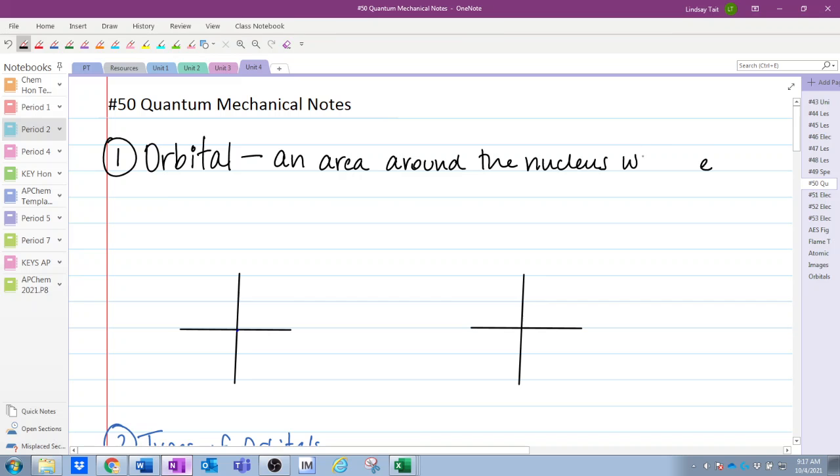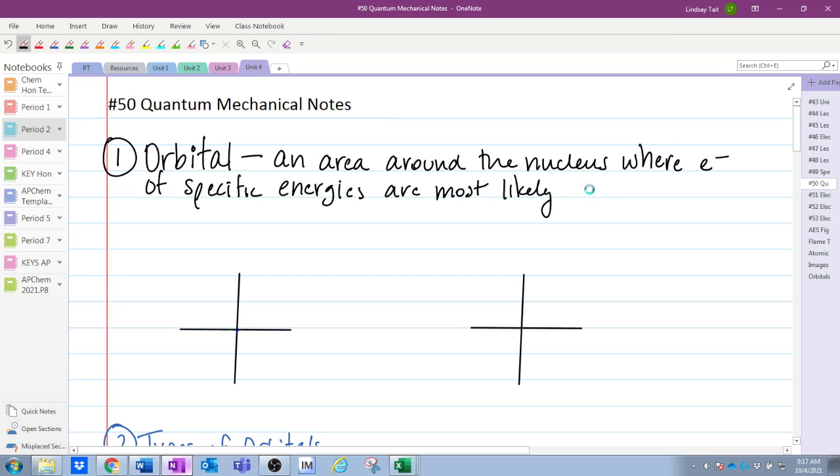where electrons of specific energies are most likely to be found.